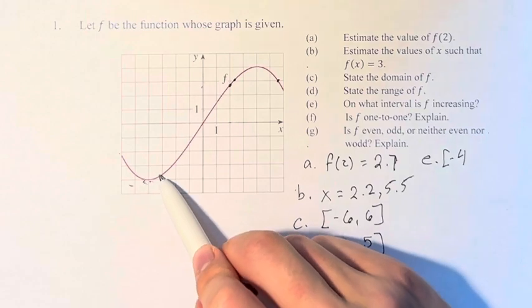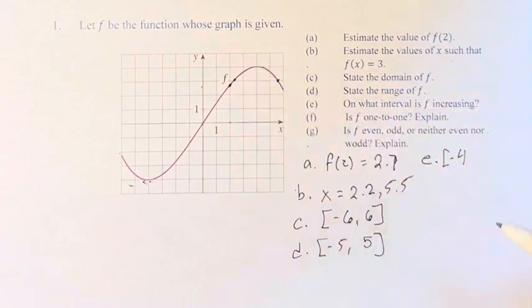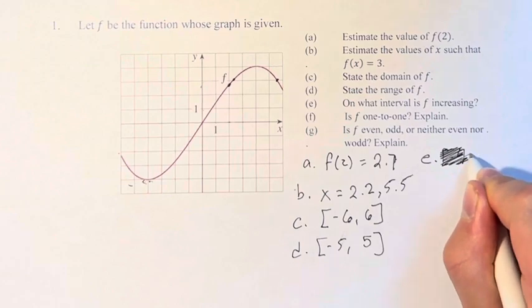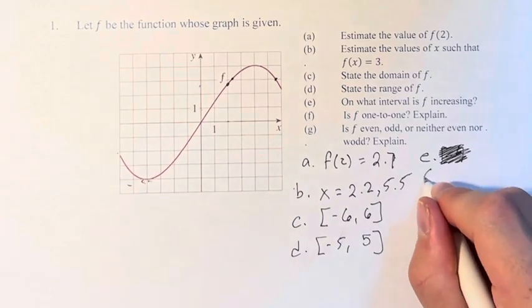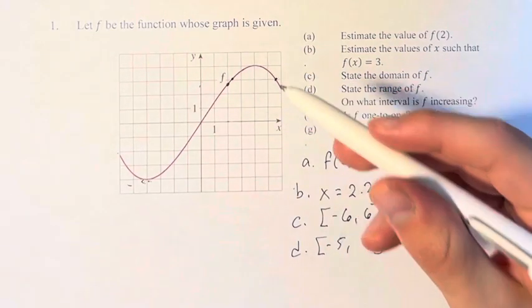And then it goes increasing, increasing, increasing up to this point right here at x equals +4. It's important to note that this is not inclusive of these endpoints, so we use parentheses, because you can't be increasing at a specific point.